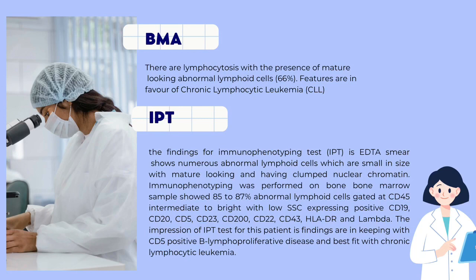Immunophenotyping performed on the bone marrow sample showed 85 to 87% abnormal lymphoid cells scattered at CD45 intermediate to bright with low SSC, expressing positive CD19, CD20, CD5, CD23, CD200, CD22, CD43, HLA-DR and lambda. The impression of the IPT test for this patient is that its findings are in keeping with CD5 positive B lymphoproliferative disease and best fit with chronic lymphocytic leukemia.